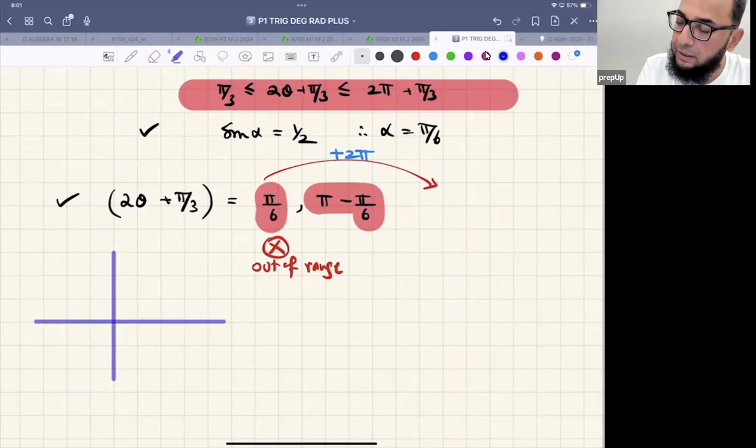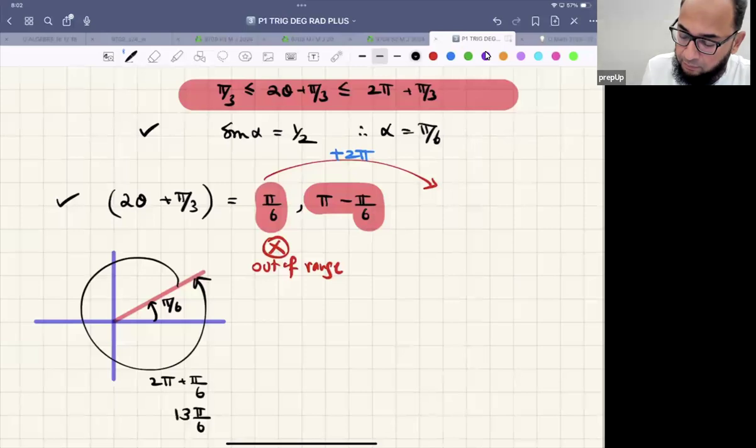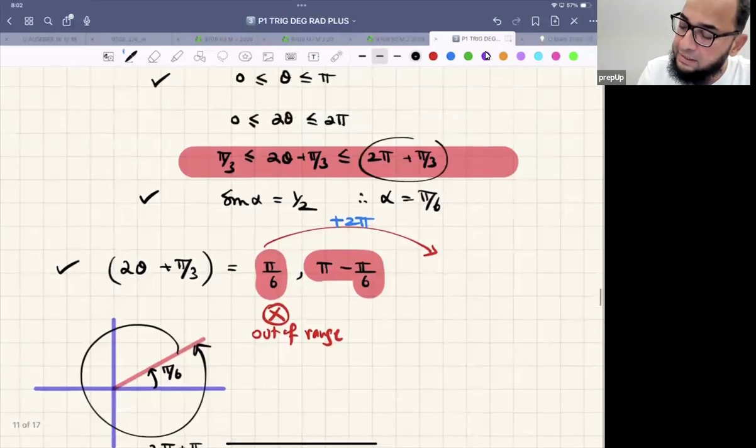So now over here, this was the angle, that is pi by 6. This is not available. Go one more revolution, that is pi plus pi by 6. So this is 2 pi plus pi by 6. So 6 into 2 is 12. 12 plus 1 is 13 pi over 6. And keep in mind, this thing over here, 3 into 2 is 6. 6 plus 1 is 7.